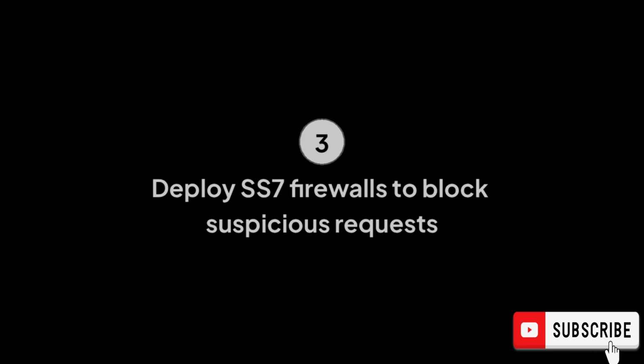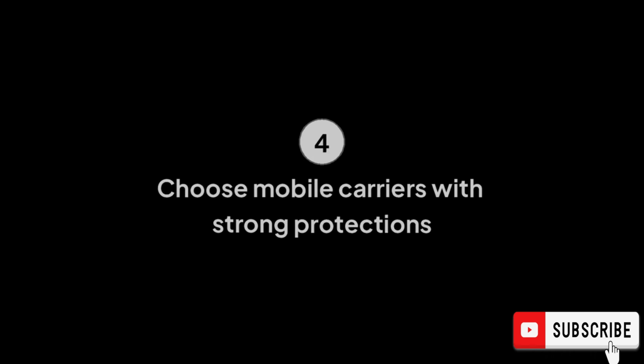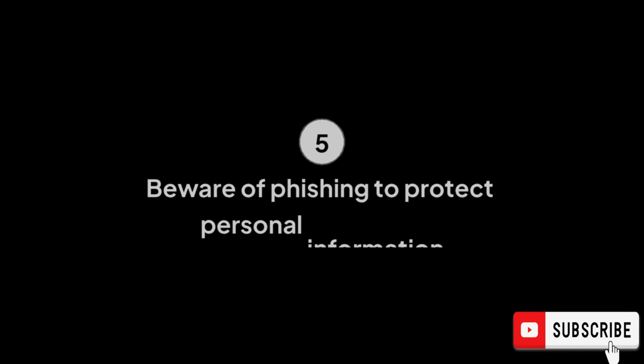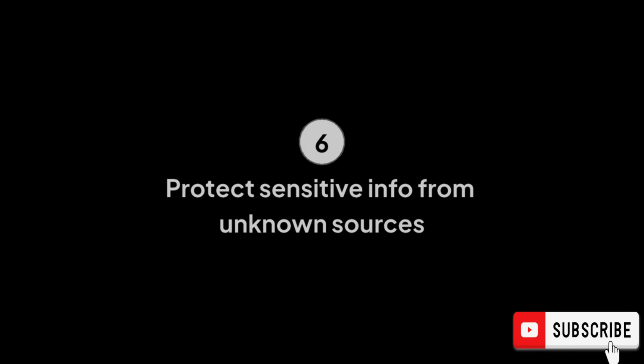Monitor and block suspicious signaling requests before they reach the network. Choose secure mobile carriers. Use telecom providers that actively protect against SS7-based threats. Beware of phishing attacks. Never share OTPs, PINs, or personal information through calls, SMS, or emails. Protect sensitive information. Avoid sharing personal details with unknown individuals or websites.